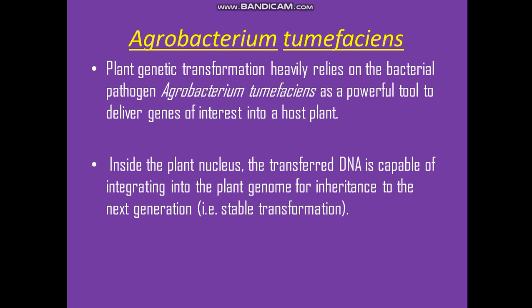That means the plant genome altered by Agrobacterium tumefaciens is very much capable of being inherited from one generation to the next. So this makes Agrobacterium tumefaciens a very potent tool in the whole recombinant DNA or genetic engineering technology.